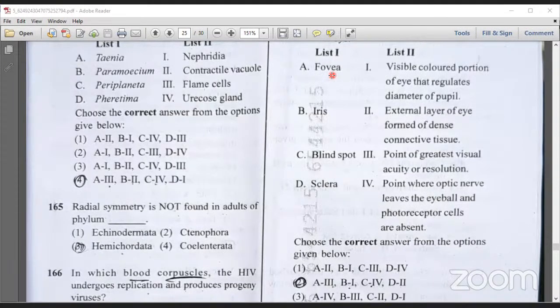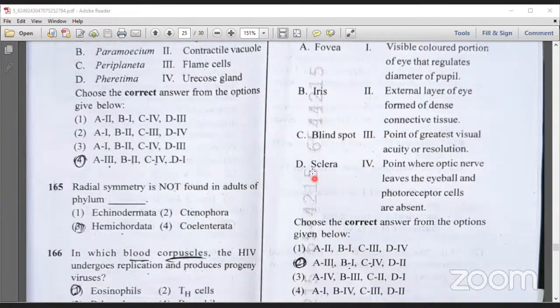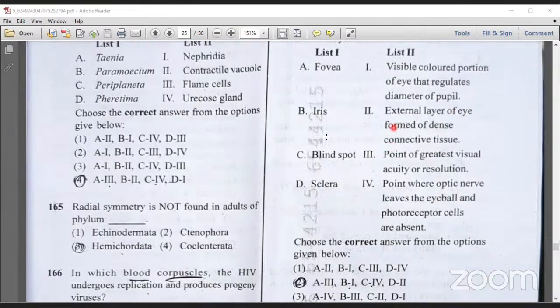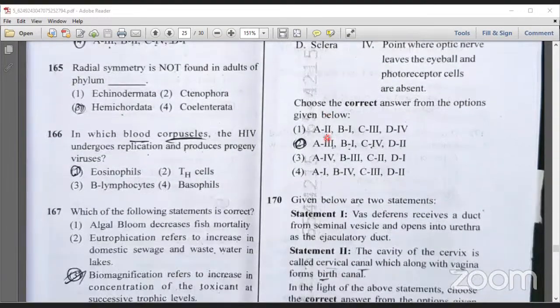The blind spot is where you won't find any photoreceptor cells. And sclera is the outermost layer. If you are clear with 1D, sclera is the external layer of the eye, made up of dense connective tissue, and iris is the visible portion of our eye. You'll get the answer there.